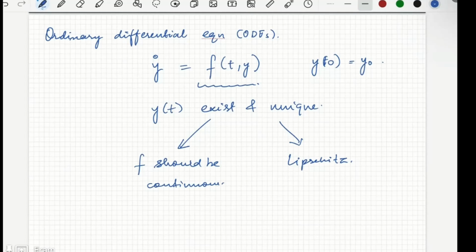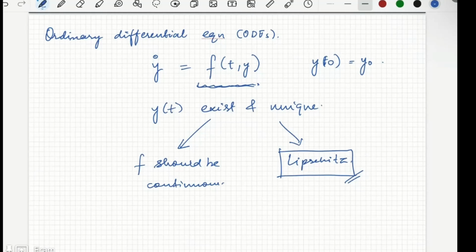So the one property that we should learn is how to identify whether the right hand side of this ODE, or this f, is Lipschitz or not. So we will go through some problems where we will identify whether this function is Lipschitz or not.